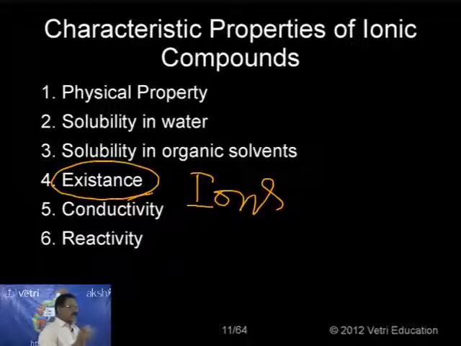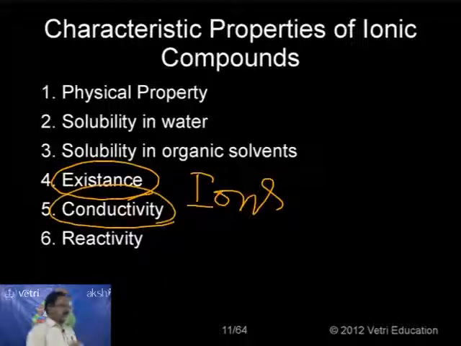Because ions are present, automatically the next property is conductivity. Generally, ionic compounds are good conductors of heat and electricity. When you come to the plus 2 level, we will study electrochemistry, and under it, conductors and insulators.